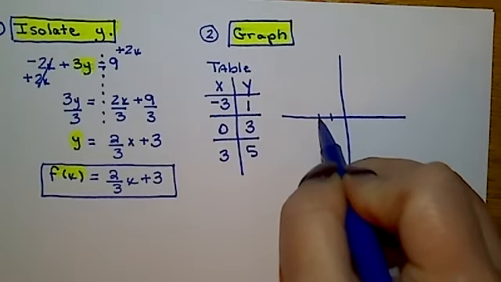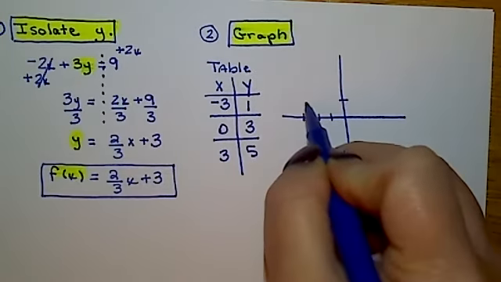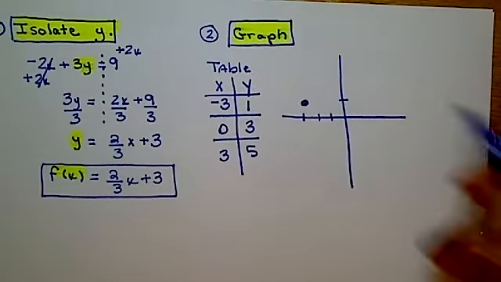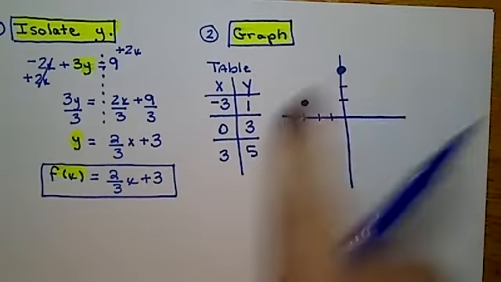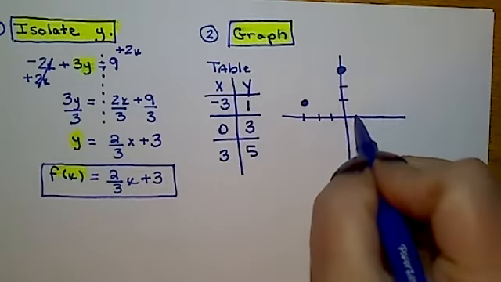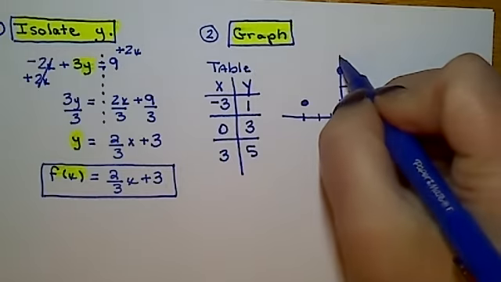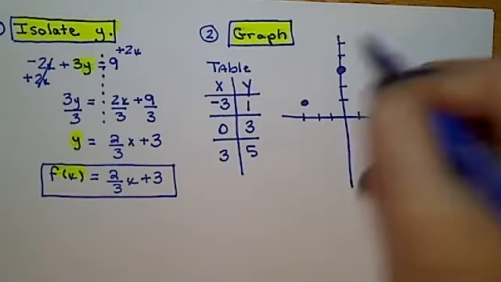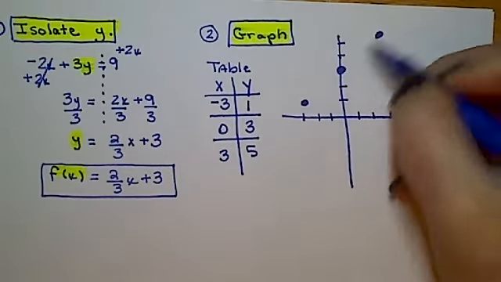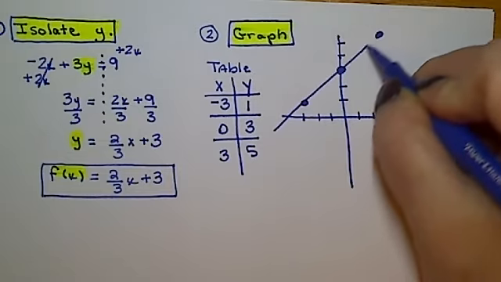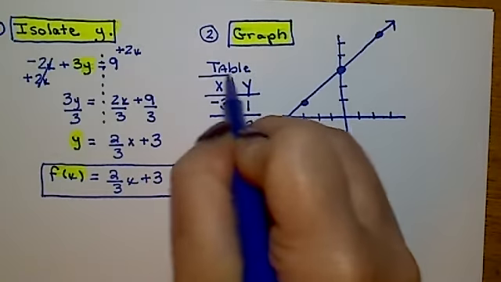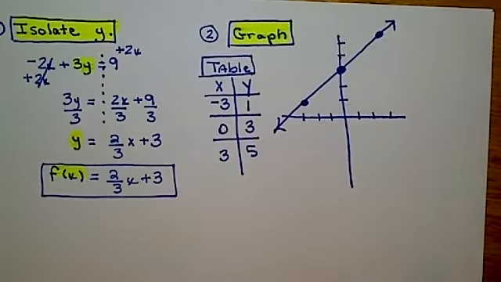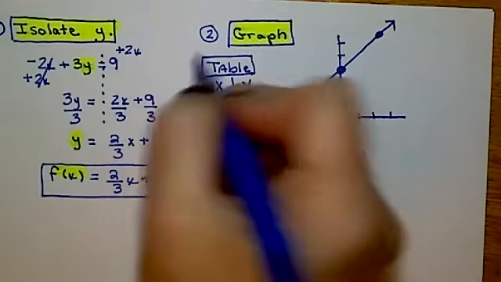So we would go to the left 3 and up 1, up to the number 3 on the y-axis, right 3, up 5. And make sure to put arrows on the line. Now that's how to graph with an XY table.